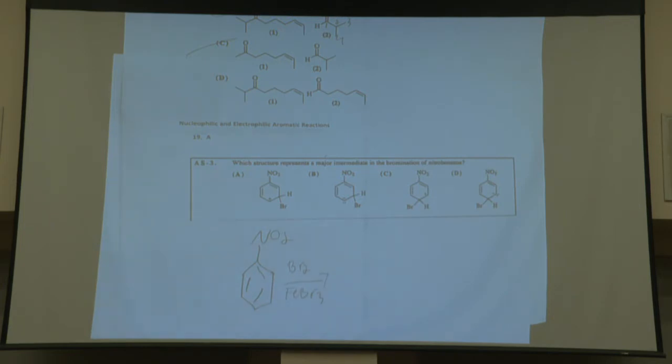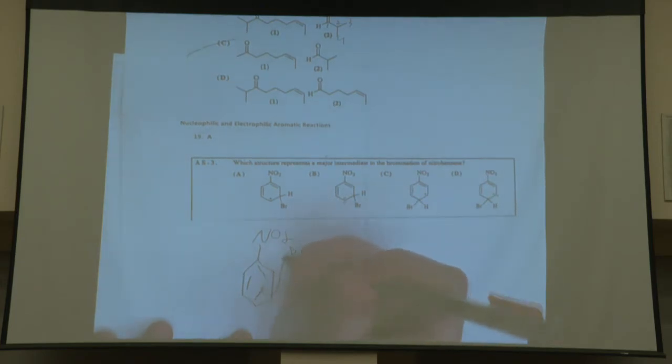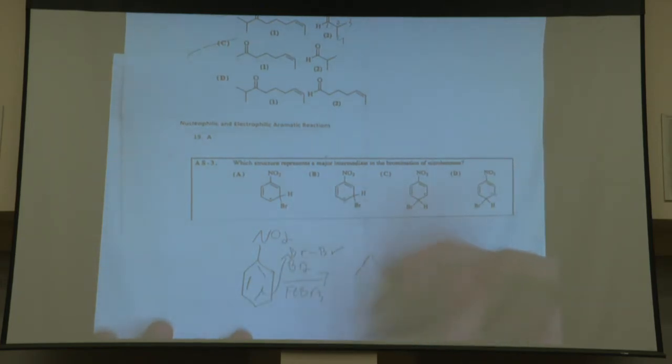Why is a deactivator deactivating it, right? Because it's pulling electrons out of the ring, because it's electrophilic. An activator is activating it because it's putting electrons into the ring, because the ring is what's doing your attacking. So if the ring is doing the attacking in this case, and we know it's going to go meta, first you can just cross these out, because it's para.